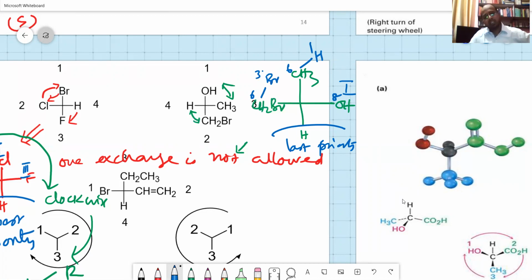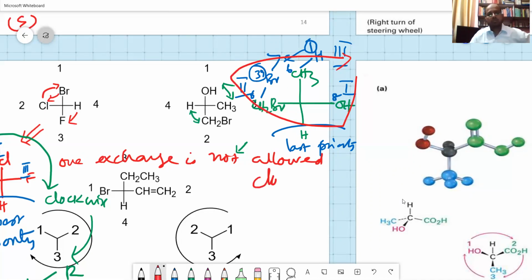Br is 35, which is higher than 1. Okay, when it is higher, you get second priority for this, and third priority for this. Okay, now the rotation is 1, 2, 3 clockwise. So this will be the R configuration.